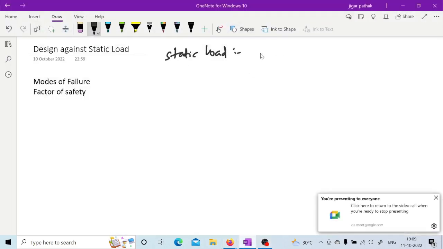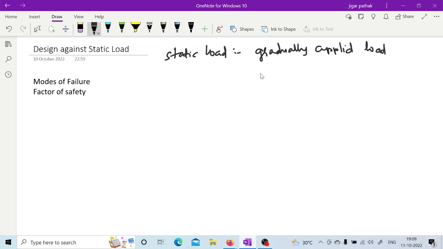Generally whenever load is applied gradually on any of the machine elements, and it does not change in its magnitude and direction, then it can be termed as static load.